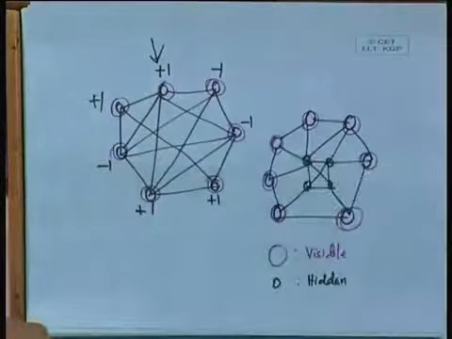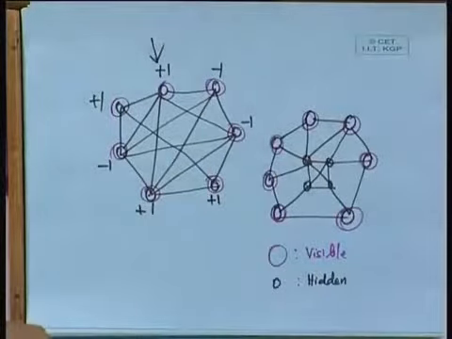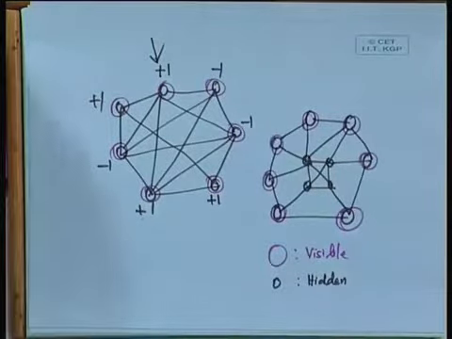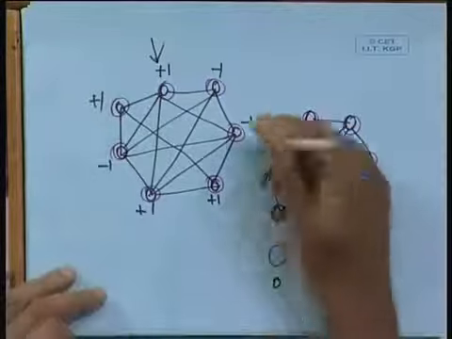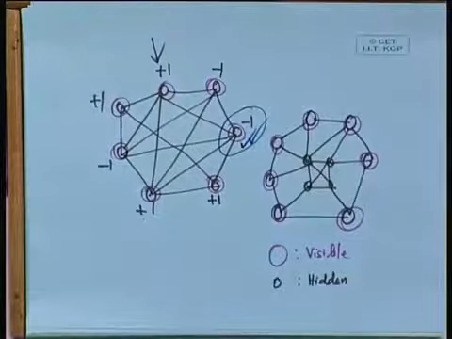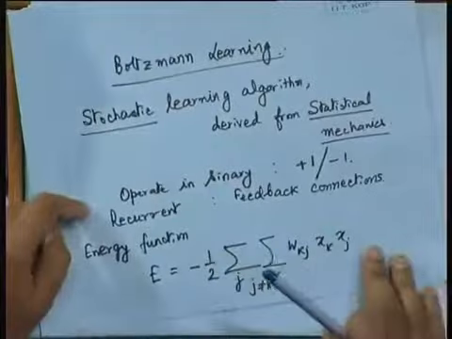Now, what happens if I randomly pick any one of these neurons? Suppose I simply decide to pick this particular neuron, and after picking it, I change its state, I flip its state from -1 to +1. Then what happens? Then we have to recompute this energy, isn't it?